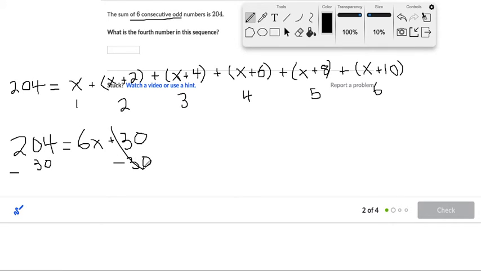So that's going to cancel out right there. And on our other side, we're going to get 204 minus 30 is 174 equals 6x.